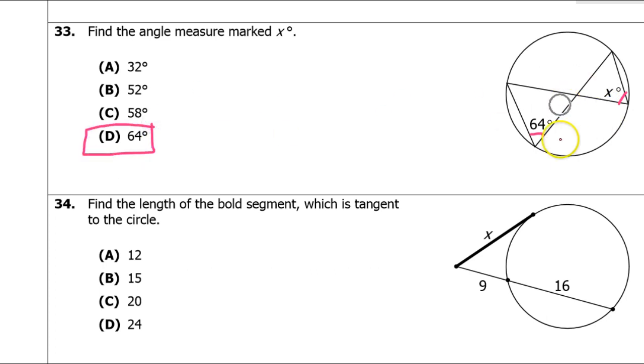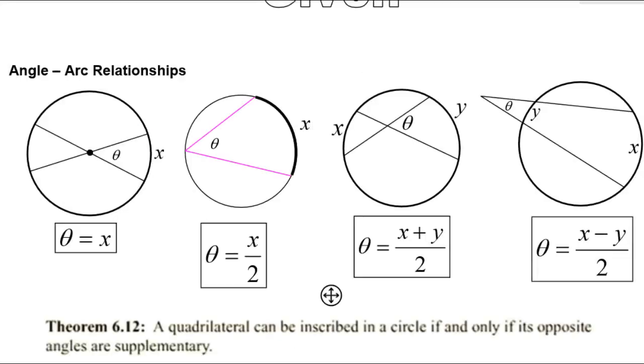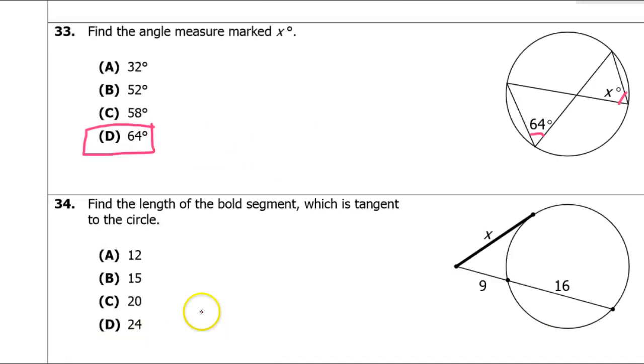Now, the reason why that is because we've got this rule right, scroll down. Here, when you have an angle that's at the edge of the circle, an inscribed angle, the angle is half the arc. The arc is double the angle. So that's what we are dealing with right now.